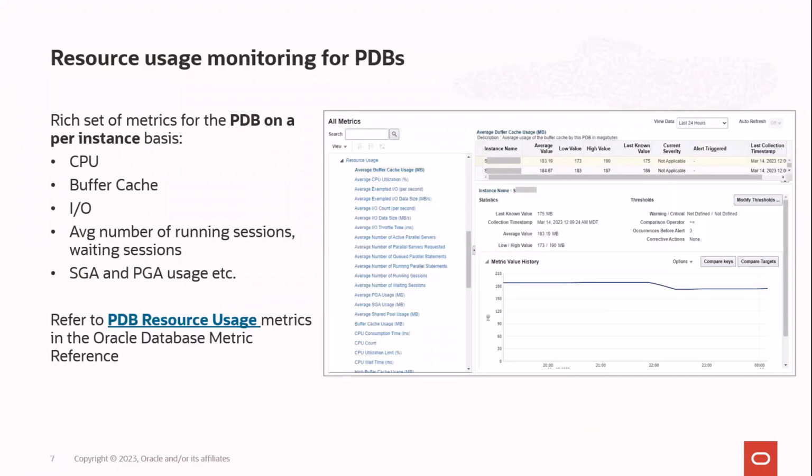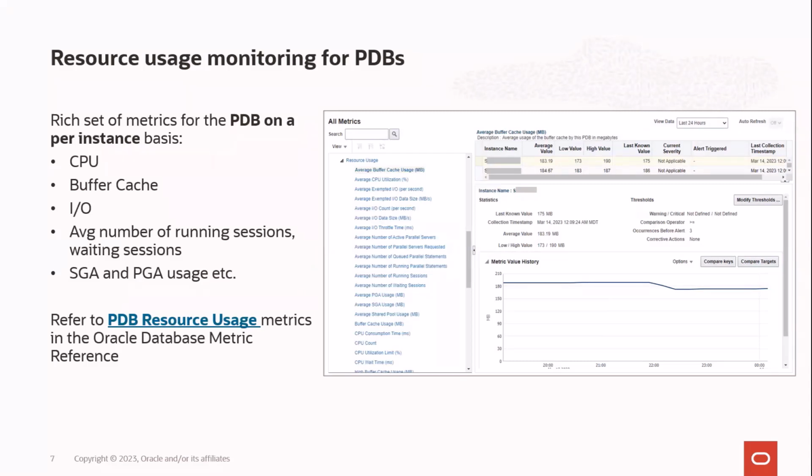With the use of PDBs gaining more traction, we've added a rich set of metrics to help you monitor PDB resource usage on a per instance basis. These metrics include CPU utilization, buffer cache usage, I/O per second, average number of running sessions, PGA usage, SGA usage, and other metrics that enable you to more closely track PDB performance and resource consumption on a per instance basis.